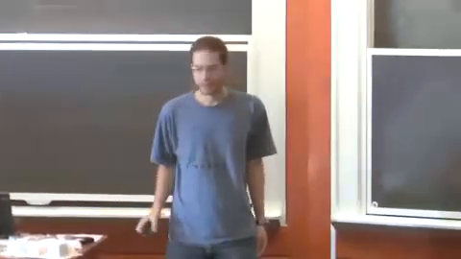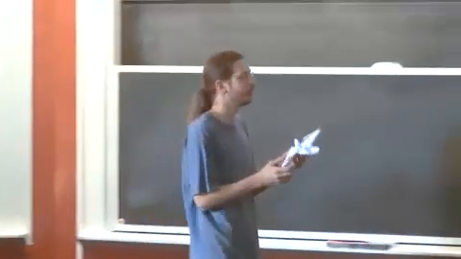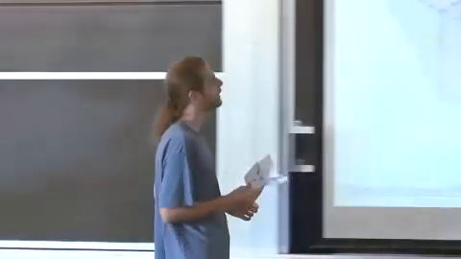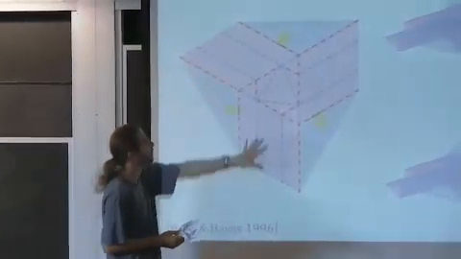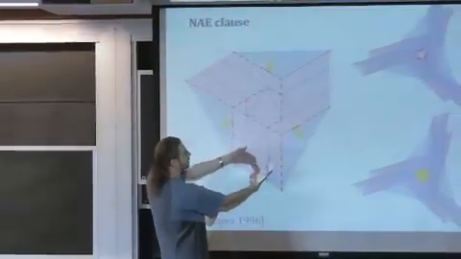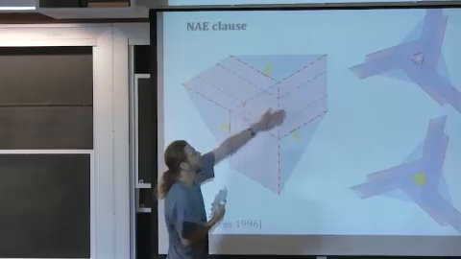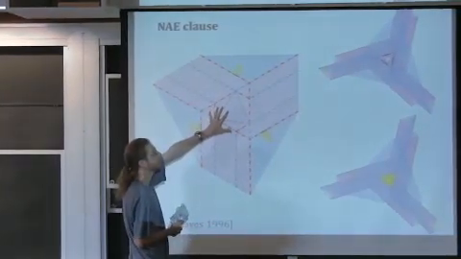Then the main gadget here is the not-all-equal clause, and that's what I have folded here. So it's a little crazy, but basically you've got three pleats, three of these double pleats coming together. These guys could stack with this one on top, this one on top, or the same for all three of them. And then you've got this little twist-like thing in the center.